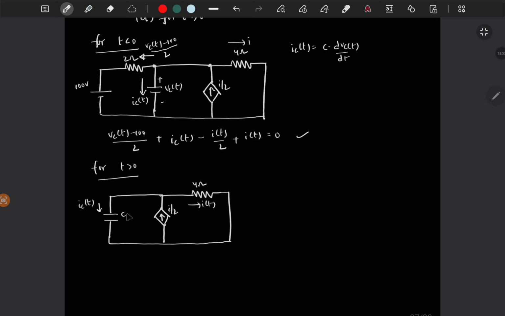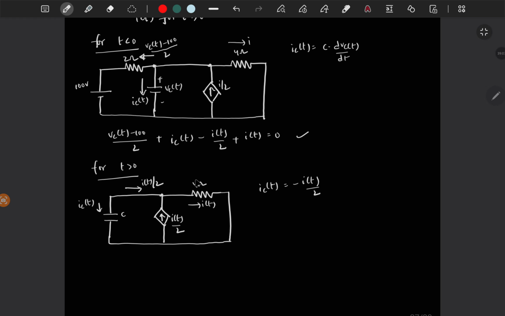So if I by 2 current is coming from this branch and the total I of t is flowing through this branch, then there should be I of t by 2 coming from this branch, right? Then only the KCL is valid. So if this should be I of t by 2, then IC of t is minus I of t by 2, right?